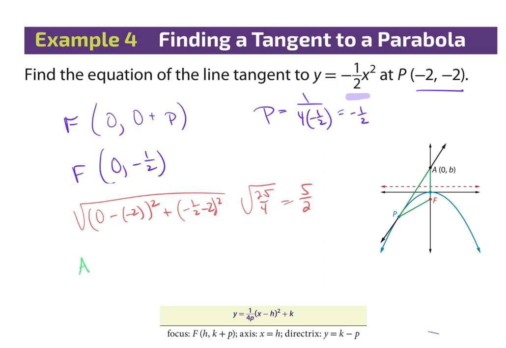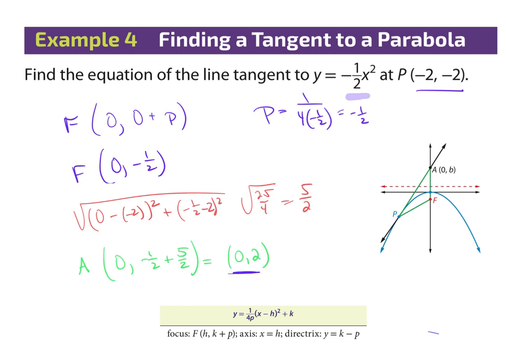So point A is going to have a point right here of 0. We know that. And the y value of this is just going to be my focus y value plus the distance away that I said it was. It was 5/2 away. So that's going to be negative 1/2 plus 5/2. All right, so that point right here is just going to be 0, 2.